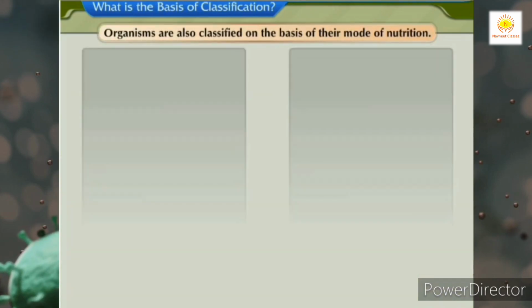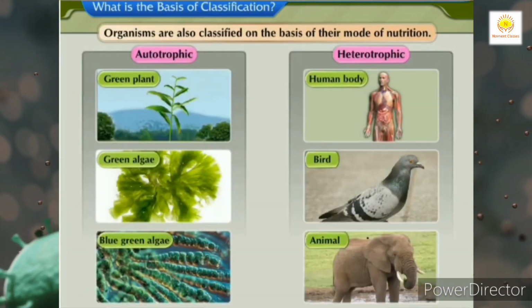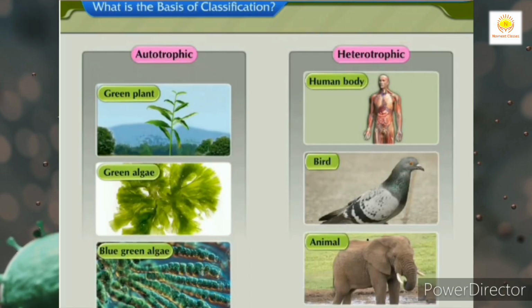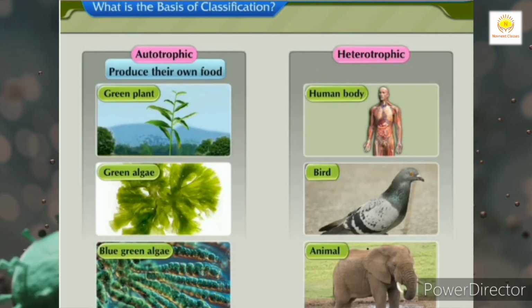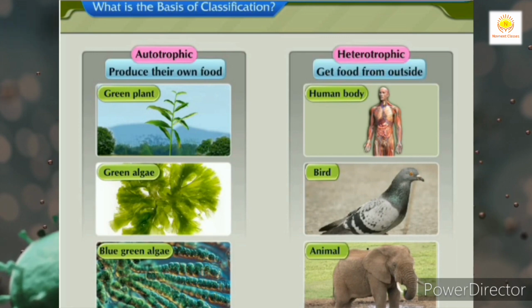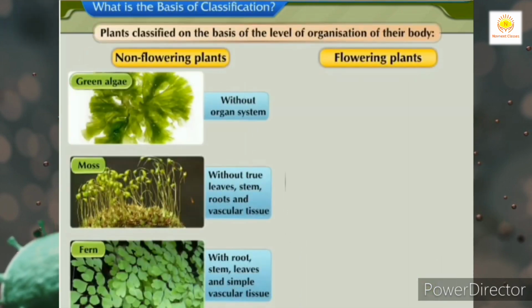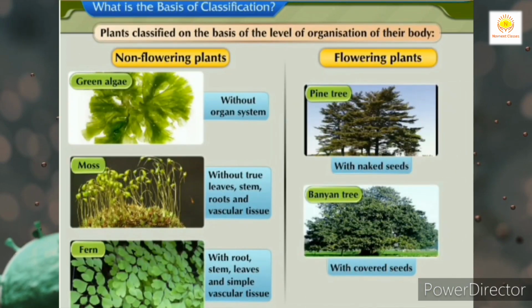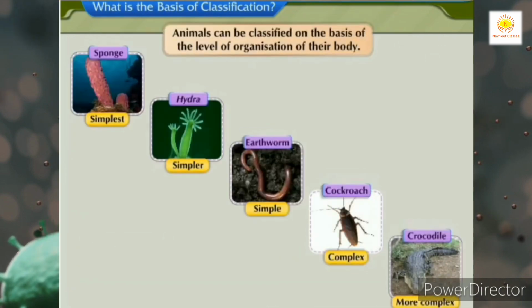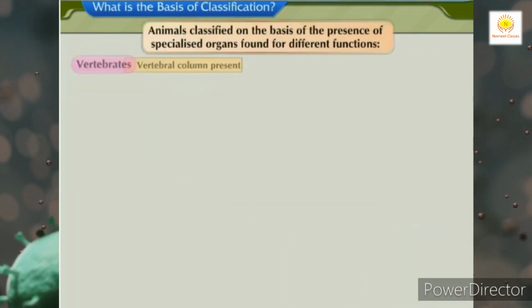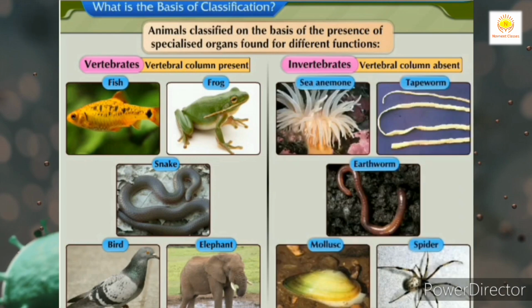Organisms are also classified on the basis of their mode of nutrition. Those which can produce their own food and those that get food from outside differ in their body design. Plants that perform photosynthesis can further be classified on the basis of the level of organization of their body. Similarly, animals can also be classified on the basis of the level of organization of their body and the presence of specialized organs found for different functions.